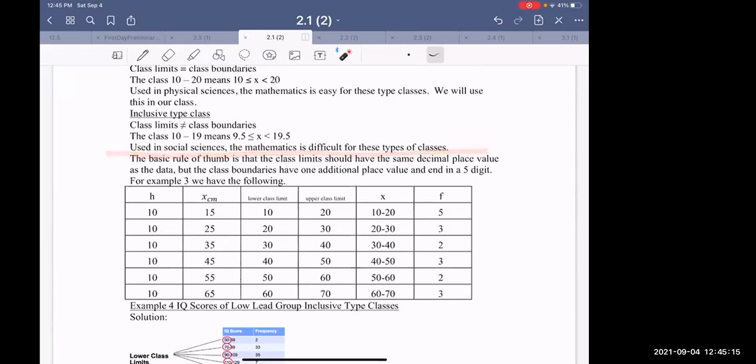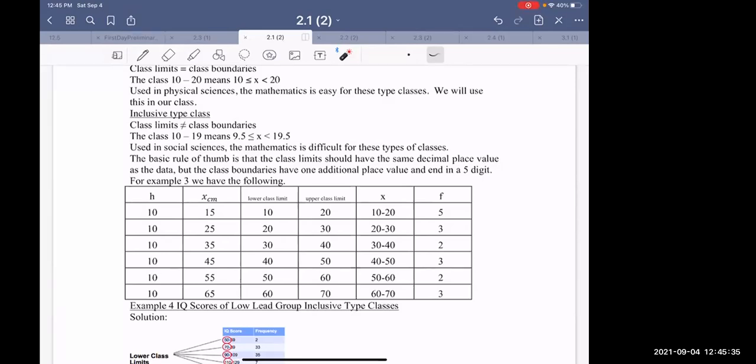It is used in the social sciences. In general, the mathematics is difficult. So usually in the social sciences, they don't care about the mathematics because they don't do the mathematics.